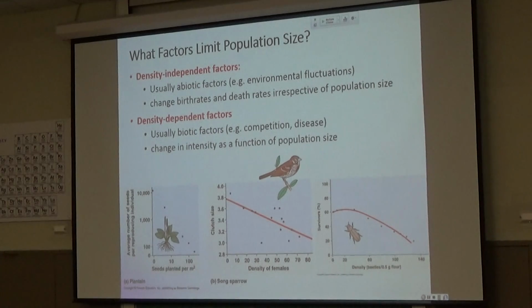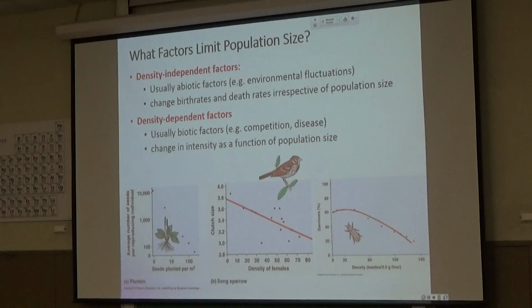So what causes this limitation that we observe in the logistic growth model? We can think of factors that limit population growth as being density dependent versus density independent.